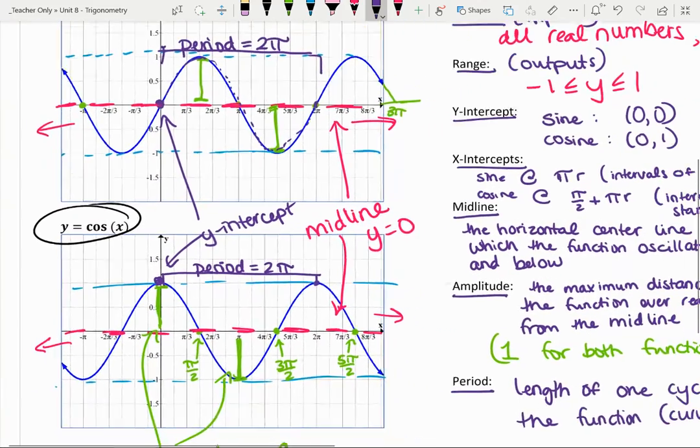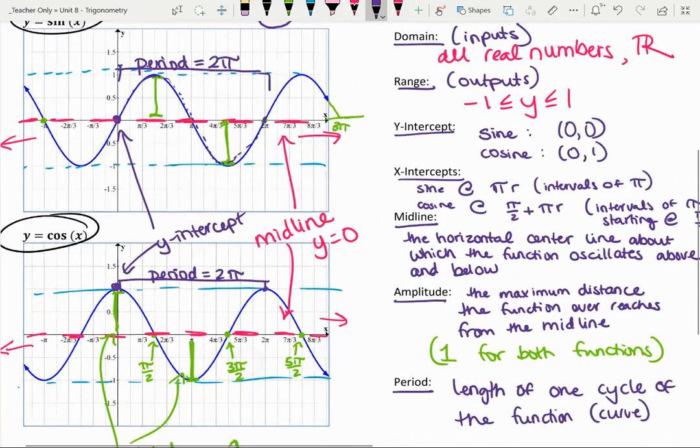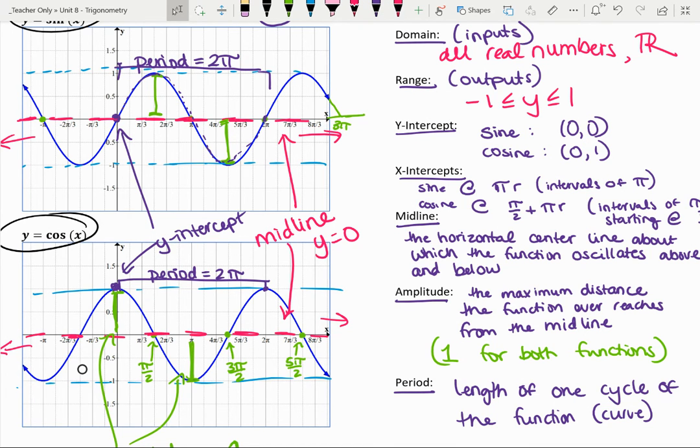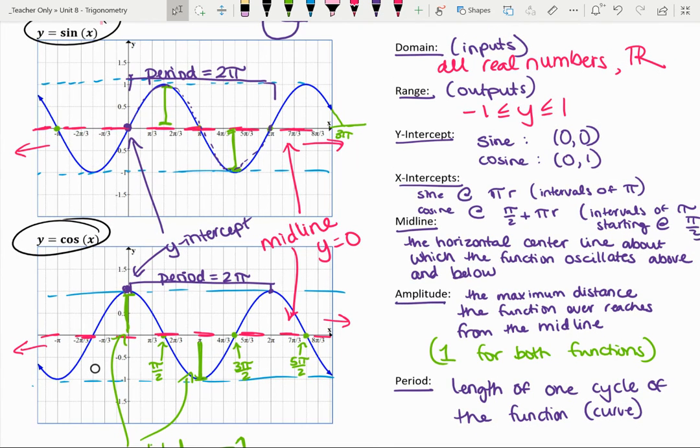So just a couple of new terms here, and I do think they're pretty self-explanatory. But just to start planting these seeds before we start talking about transformations. So our x-intercepts occur, there's infinitely many x-intercepts, but they occur at specific intervals.